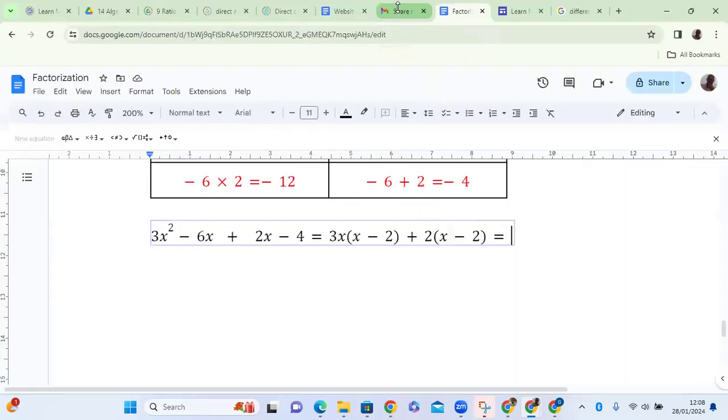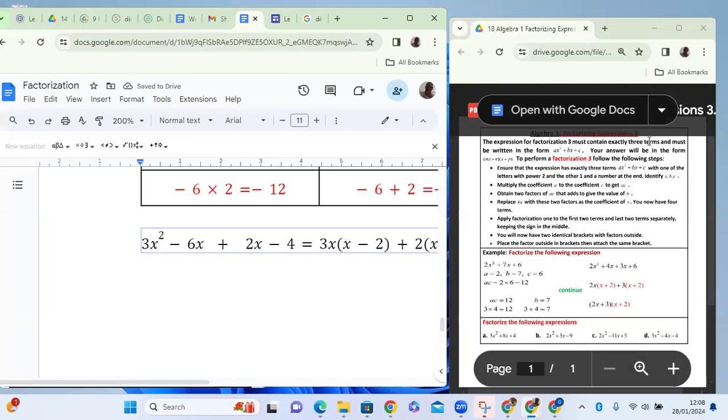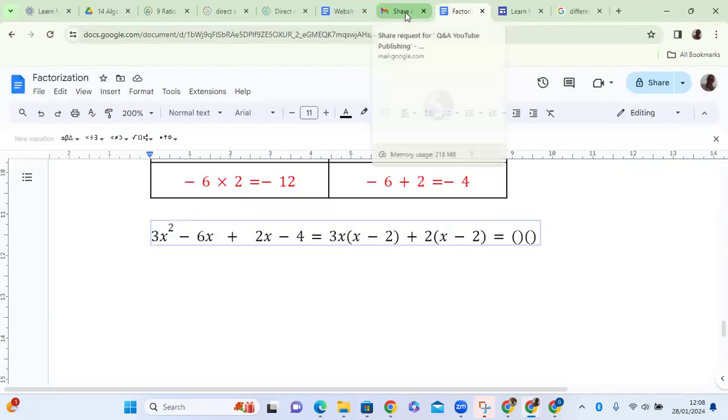So your final answer must be 2 pairs of brackets, mx plus n, open close bracket, x plus 2, open close bracket. It's just like the final answer of difference of 2 squares, which is a special quadratic. When you factorize a quadratic, the final answer must be 2 pairs of brackets.